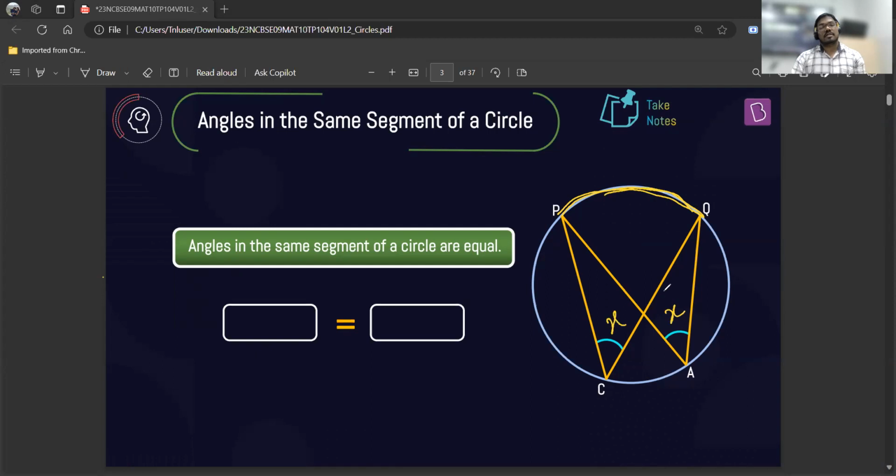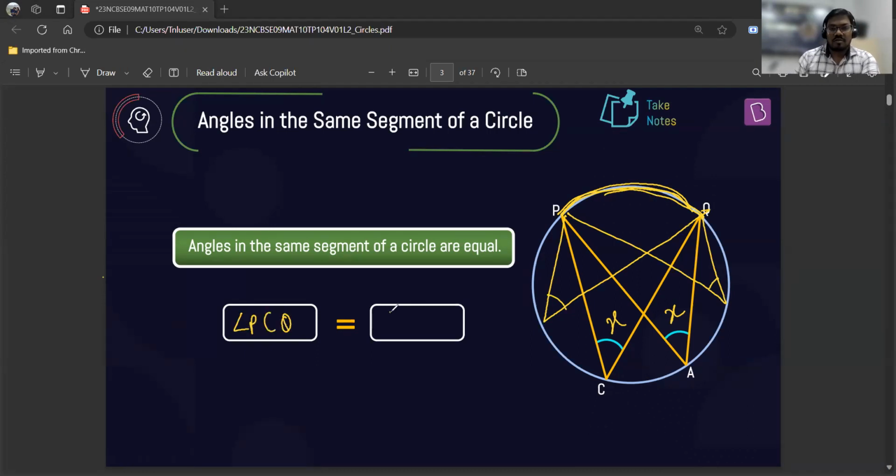Let's say this is X. Infinite angles can be formed by the same arc in the same segment, and all these angles must be equal because they are in the same segment. So angle PCQ is equal to angle PAQ. These are the angles on the same segment.